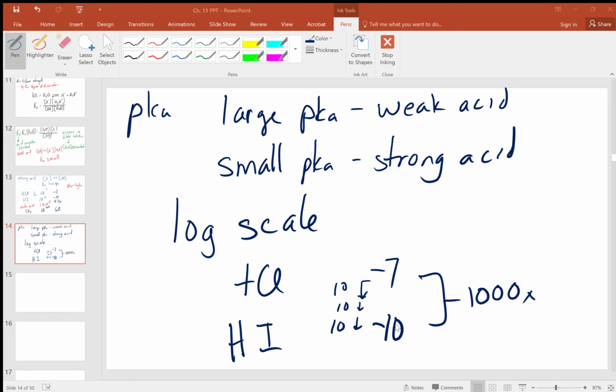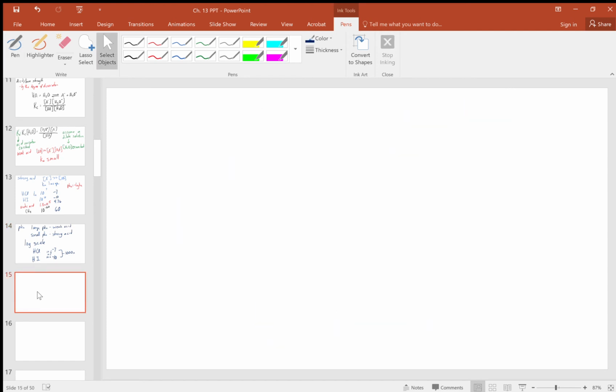And the truth is, it is a strong acid. But you can see already that we have HI, which is close to 1,000 times stronger. But then we have acids that make even HI look weak.